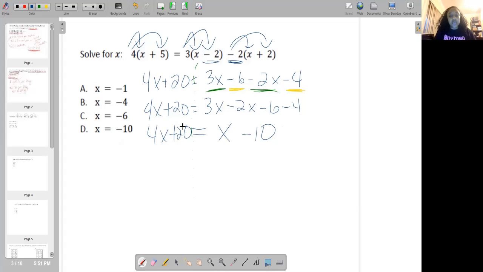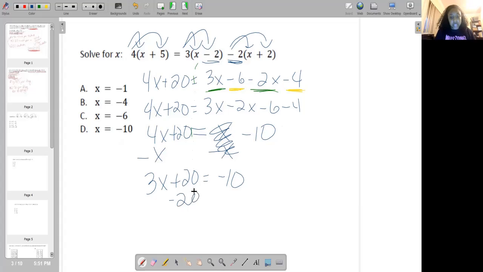Now I need to decide which side I want my variable on, because I have them on both sides of the equal sign, and that's not okay. So I'm going to put them on the left-hand side, which means I need to get rid of this one on the right so that I can move it to the left. So everything you do to both sides. So 4x minus an x is going to be 3x plus 20 equals -10.